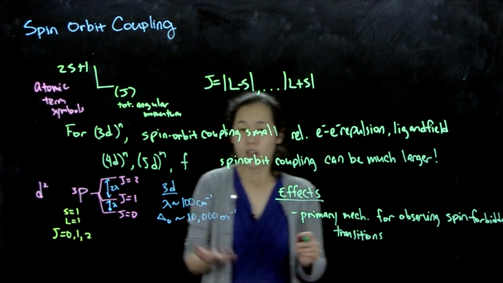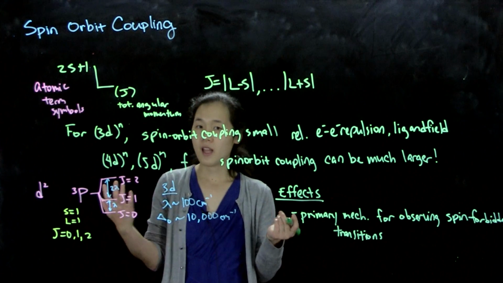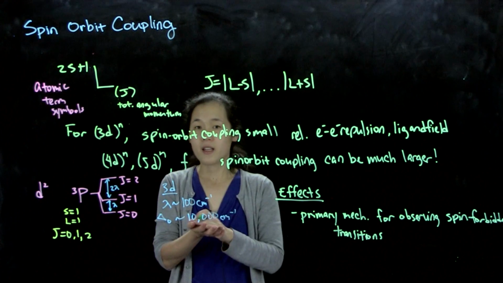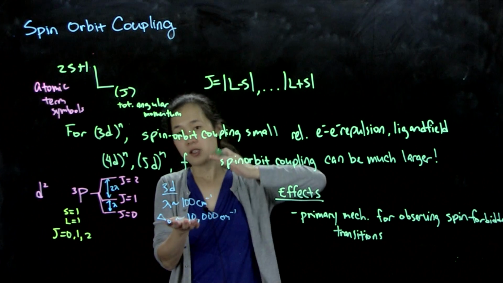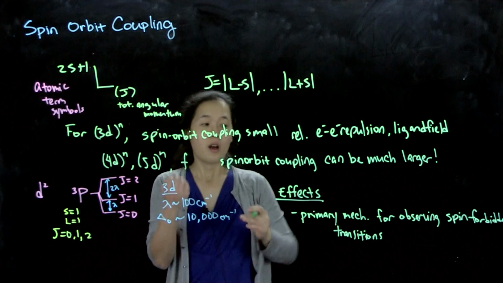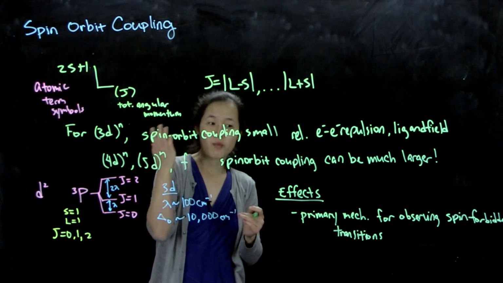So for example, if our ground state was a triplet A2g, spin allowed transitions have to go to a triplet excited state, so a singlet excited state is spin forbidden.